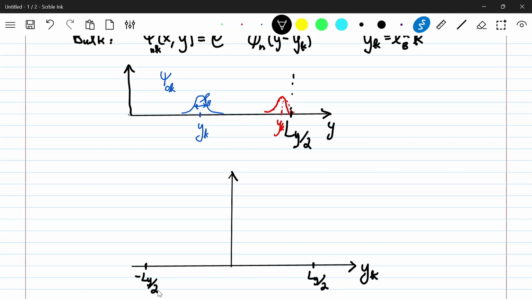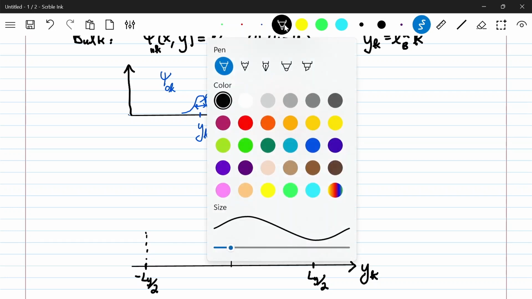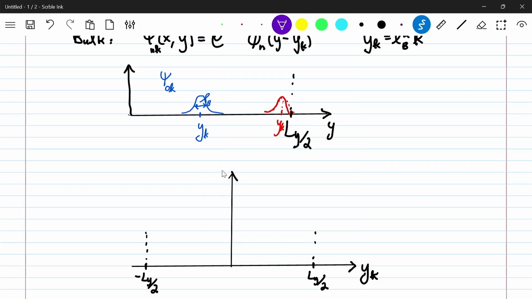These are the edges of the system, okay, and qualitatively, how the Landau levels look, they look more or less like this. This is n equals 0. It doesn't come out very nicely, but this is qualitatively how it looks.